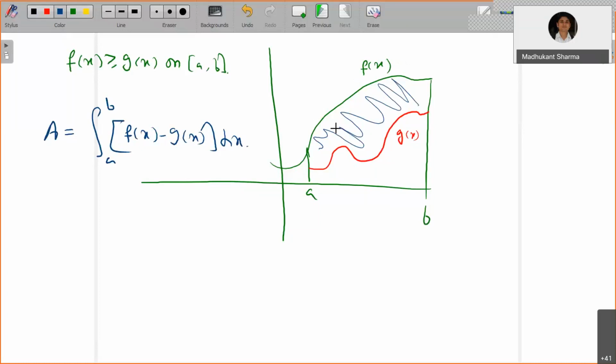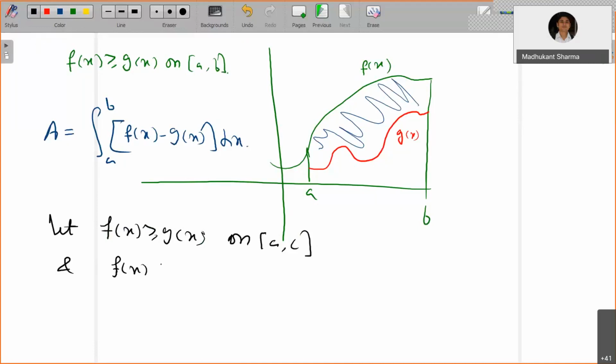Then you will also get an idea by looking at the graph of the curve, and you have to treat the parts separately. Suppose let f of x be greater than or equal to g of x on a to c, and f of x less than or equal to g of x on c to b. Then how will you handle this case?